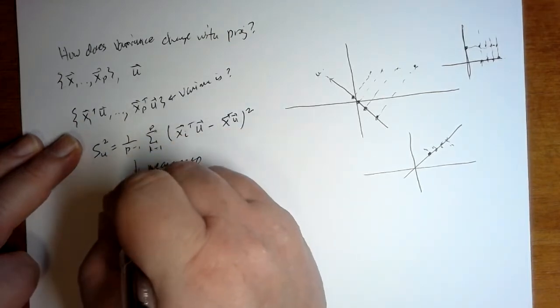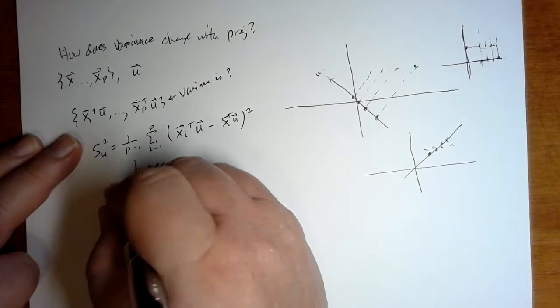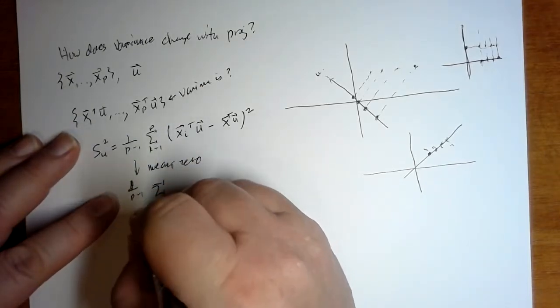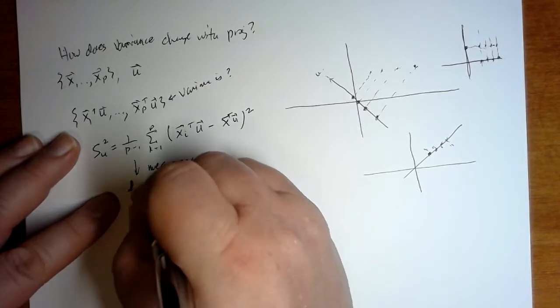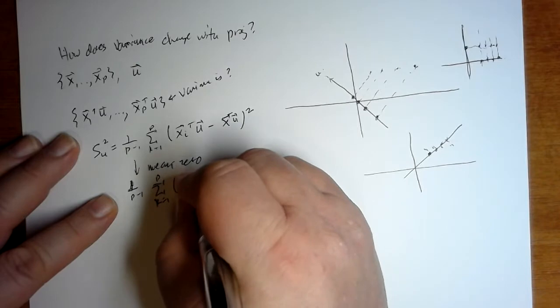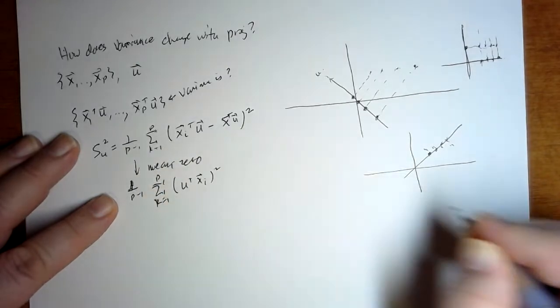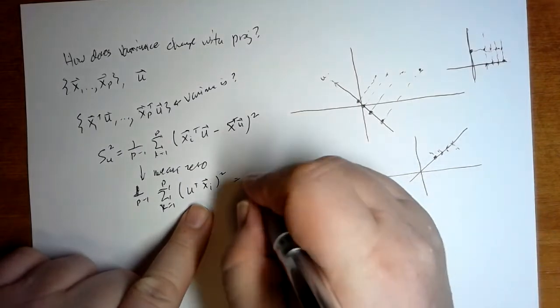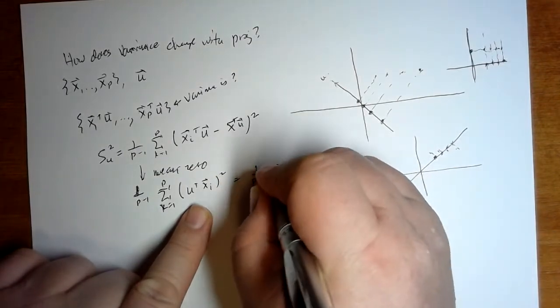this becomes 1 over p minus 1, sum k equals 1 to p of (u transpose times xi) squared. Now, that's just squaring a scalar, so I can square that any way I want.